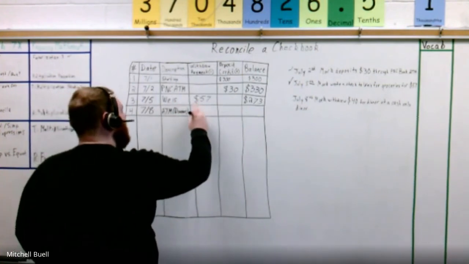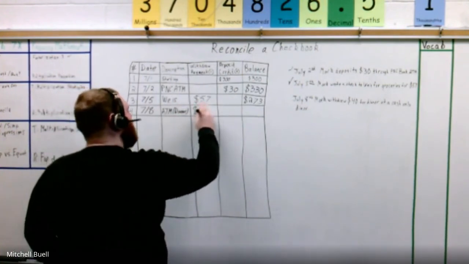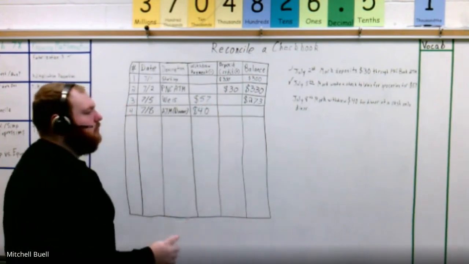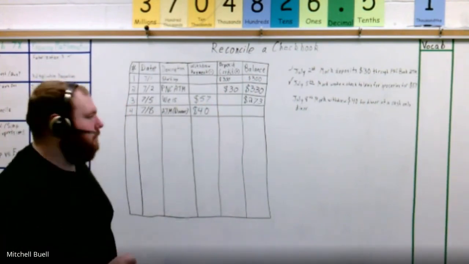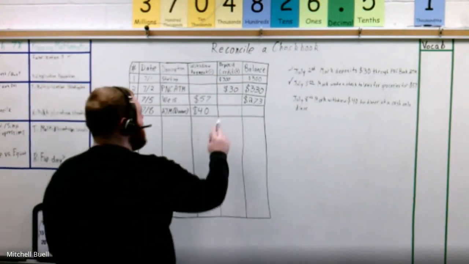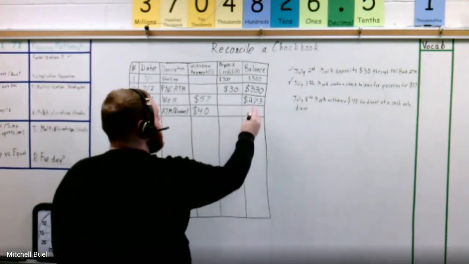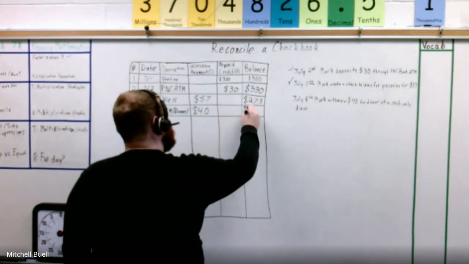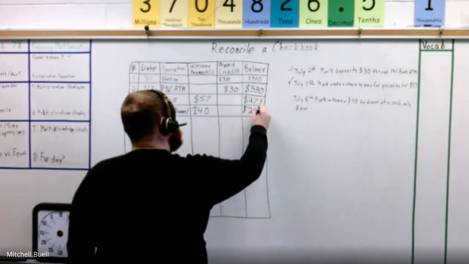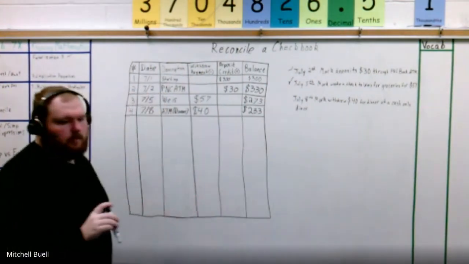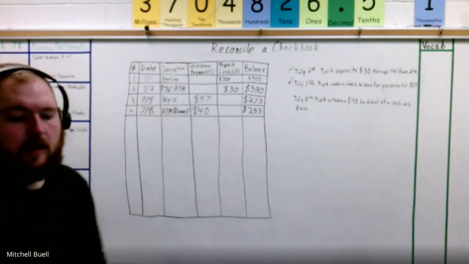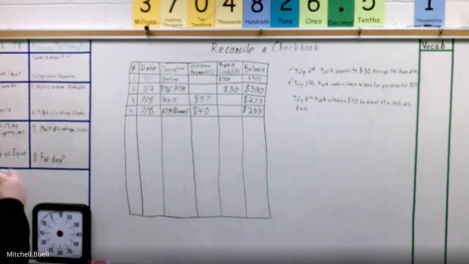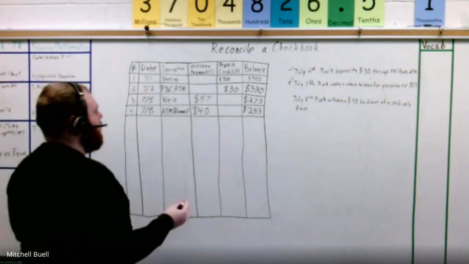He withdrew $40. The reason he did it was because he went to dinner at a cash-only diner. There was no deposit credit. So I'm going to subtract $40 from that 273 that I have left, and now I'm going to have $233 left.